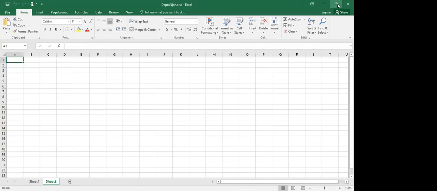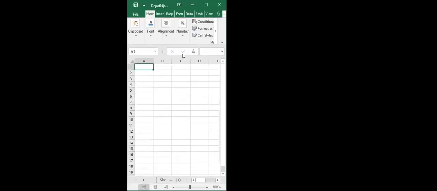So I'm going to type here the values of number of cars, x, which is the independent variable, and then y, which is the revenue.